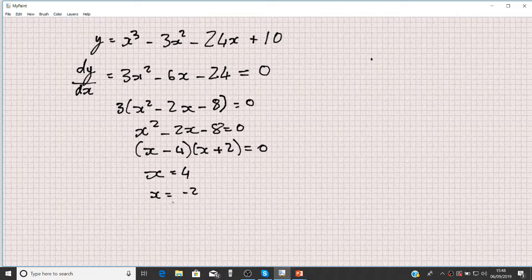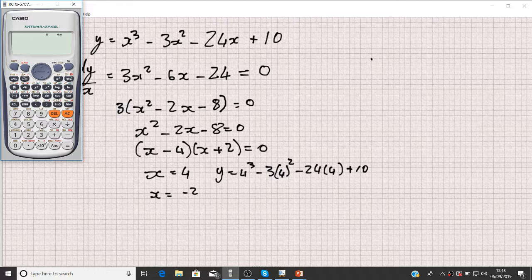Now we're asked for the coordinates, so we really should sub in the value of 4 and calculate the y. So y equals 4 cubed minus 3 times 4 squared minus 24 times 4 plus 10. I'll take up the calculator to do this.